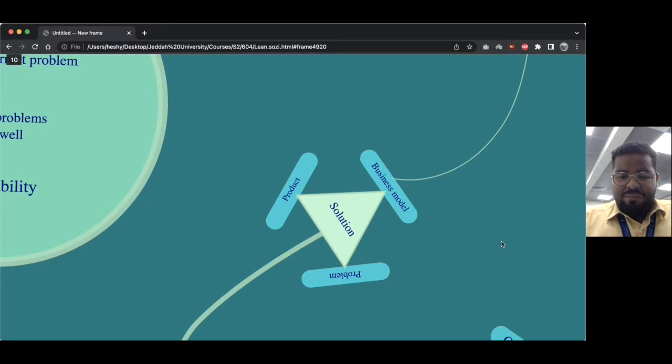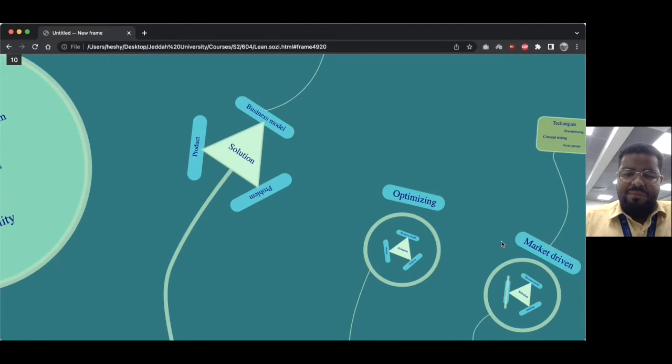This is called the product market triad, the elements that are critical for product development, which are the product itself, the business model, and the problem. Some of these elements might be unknown, so let's consider what happens then.